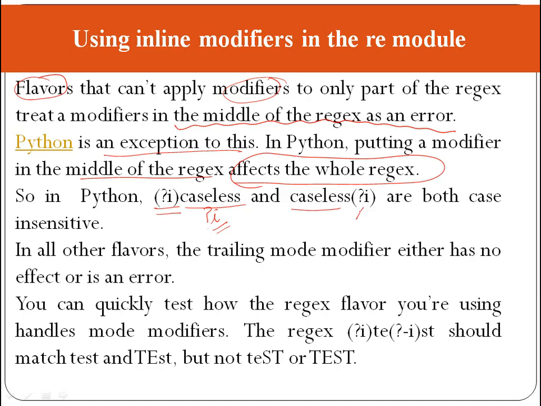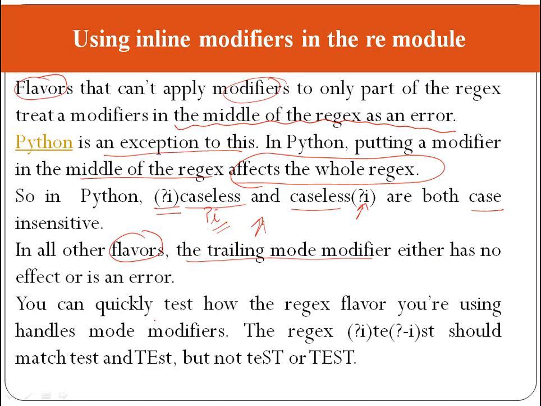So are both case insensitive. And if you talk about other flavors, like other programming languages, the trailing mode modifier either has no effect or it is an error. But this is the feature in Python that you can write anywhere.